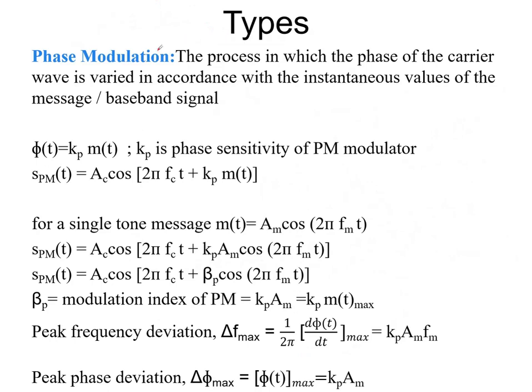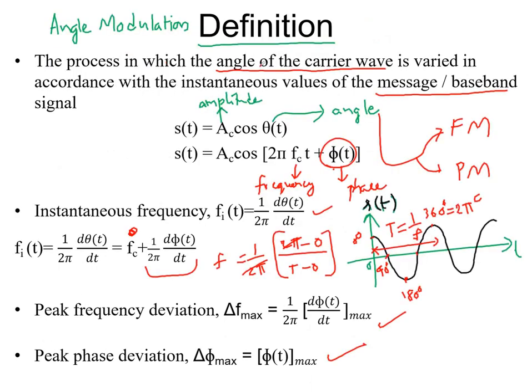Next, coming to the types of angle modulation, there are two types which we have already seen. What are those two types? One is phase modulation, the next one is frequency modulation, and the current topic of discussion is phase modulation. Now if you go back here, the definition is the same. Here the angle parameter of the carrier is varied with respect to the instantaneous values of the message.